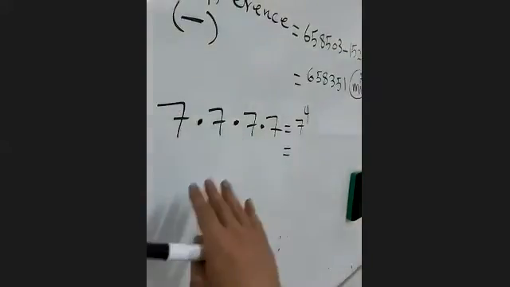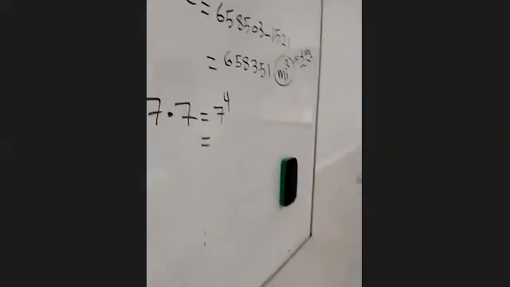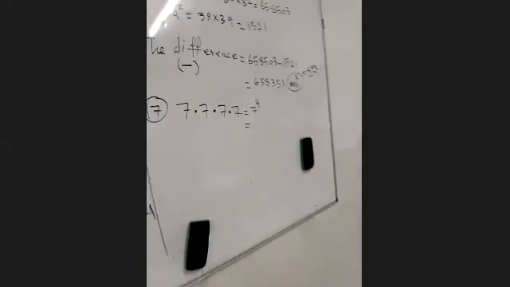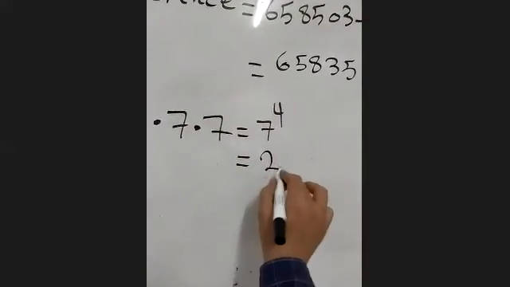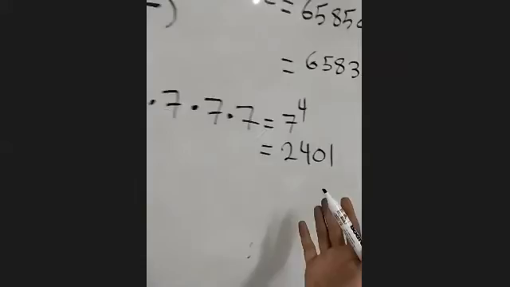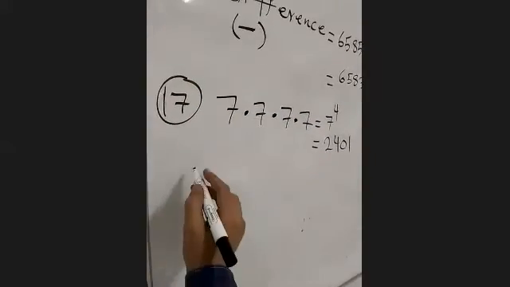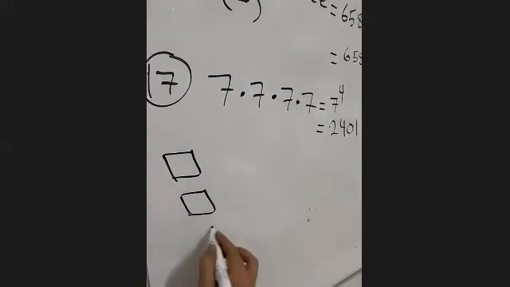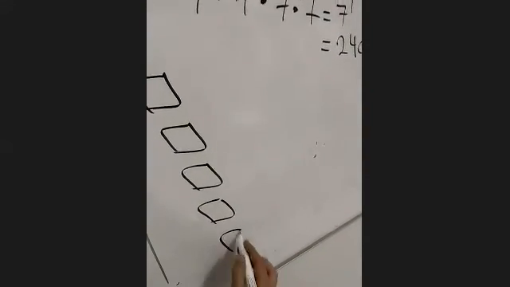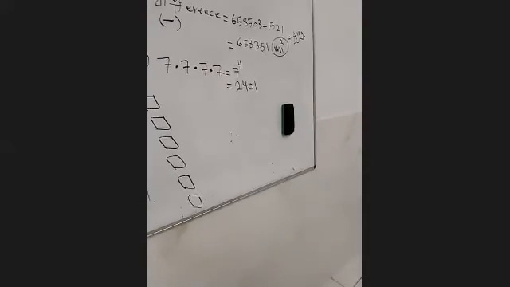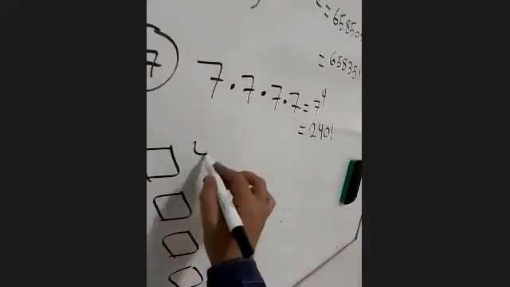Now 7 multiply 7 multiply 7 multiply 7 is 7 to the power 4, right? And if we find the answer of it, if you multiply 7 by 7 by 7 by 7, the answer will be 2401. Now in the choices down, we have, I think, 6 choices. The first choice is 4 to the power 7.